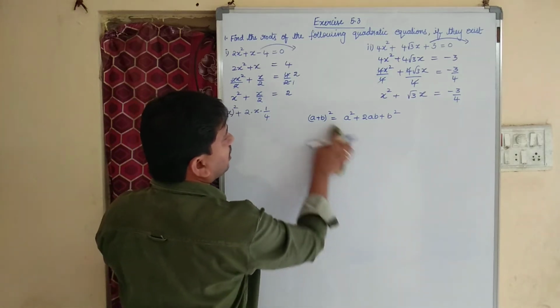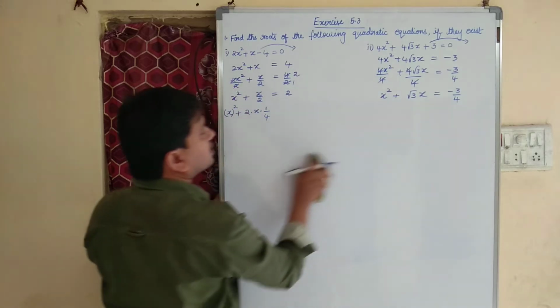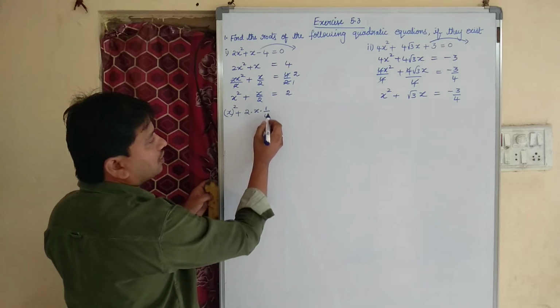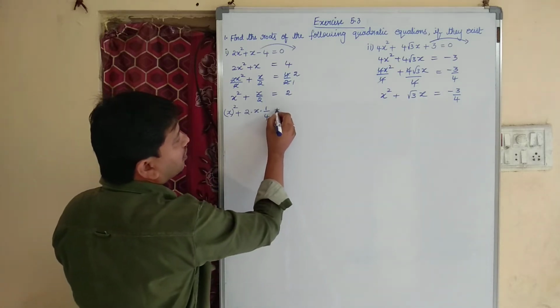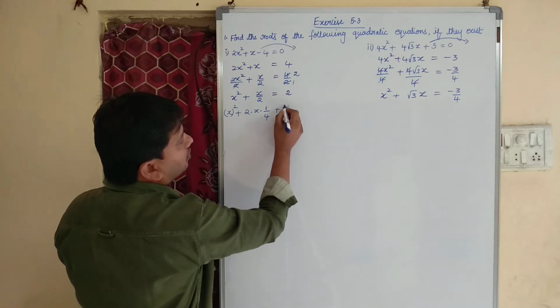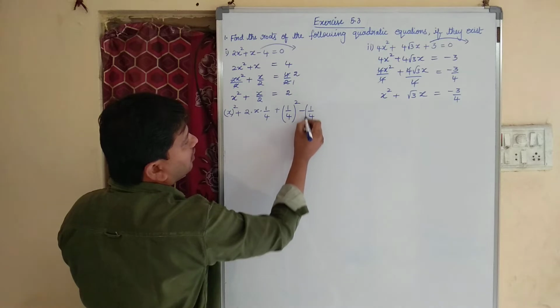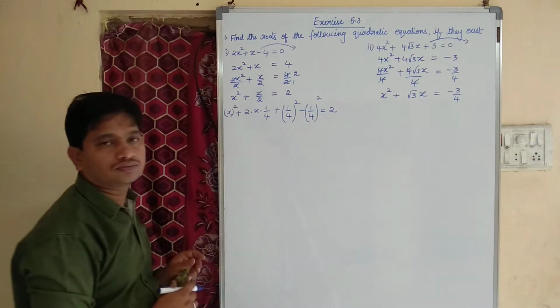So here, what is the value of b, children? The value of b is 1 by 4. So I need to add 1 by 4 whole square. At the same time I need to subtract 1 by 4 whole square, that is equal to 2.